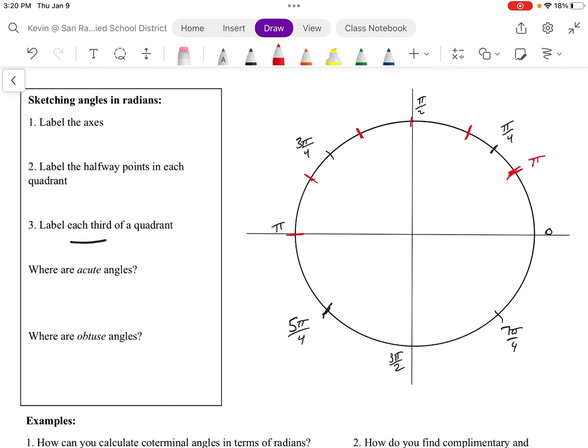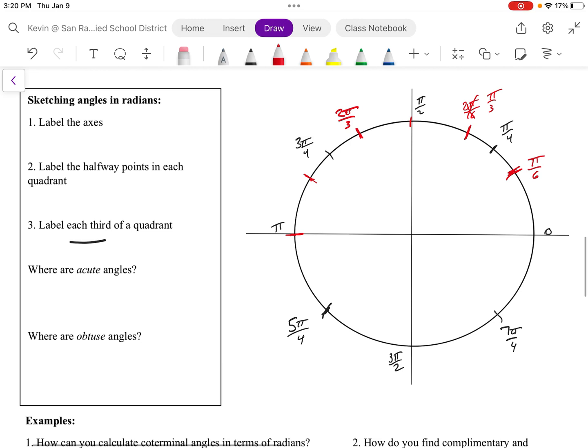So this first one here is pi over 6. This one would be 2 pi over 6, but we know we can reduce 2 pi over 6 down to pi over 3. Okay, so at the top, at these top intervals, there's always going to be pi over 3. So pi over 3, this is going to be 2 pi over 3.